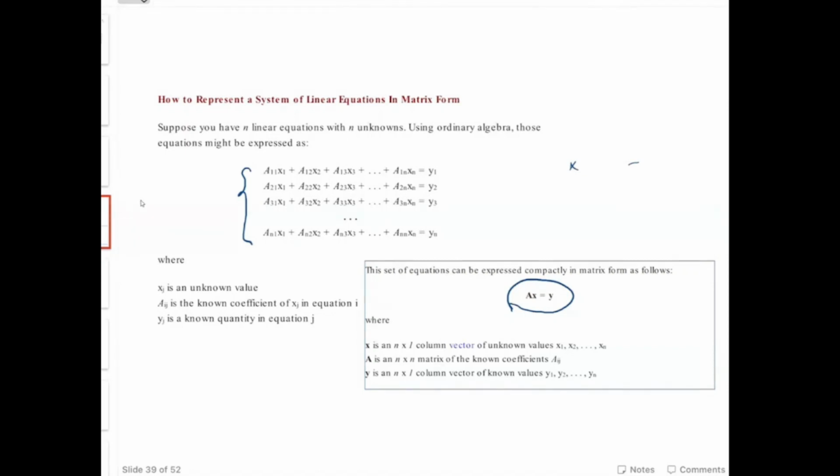This can be represented in matrix form as a matrix times a vector equal to a vector.